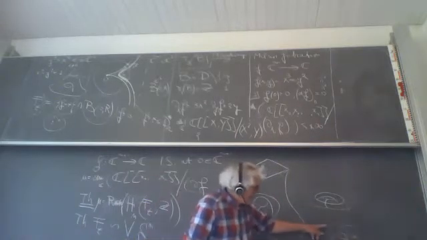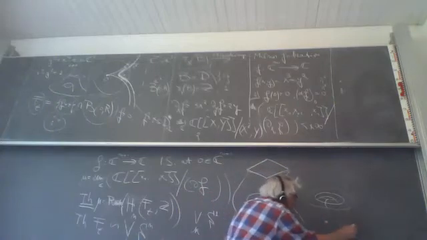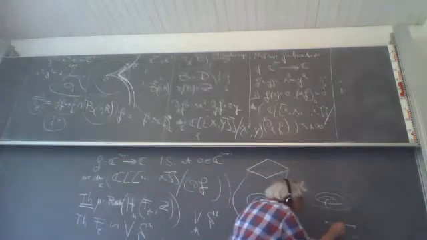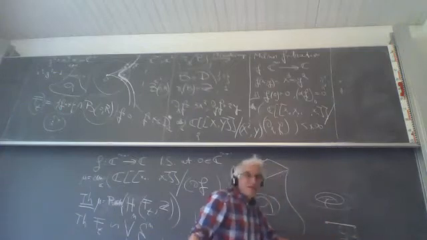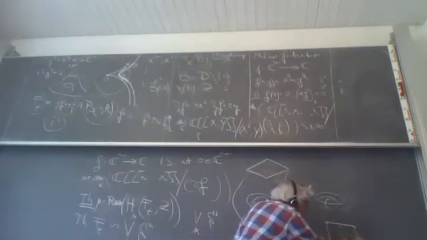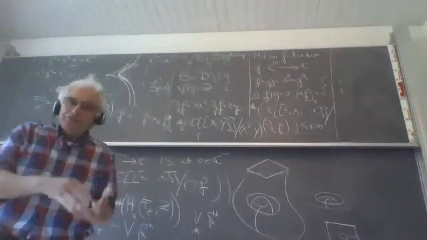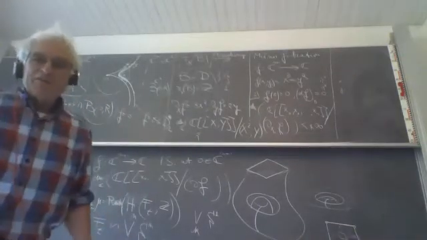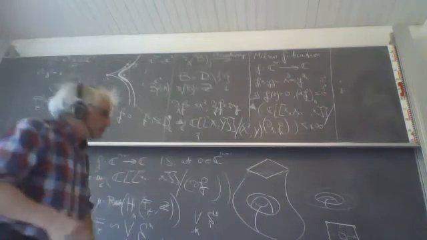But it was the torus, so this point is identified with this point, and this one with this. So this makes the first circle. This is the same first circle, and this is the second circle. In that way, you see explicitly that the Milnor fiber of x cubed minus y squared is, homotopically speaking, the wedge of two circles.